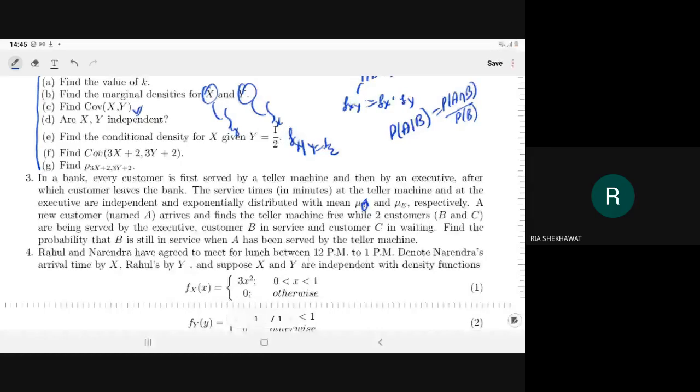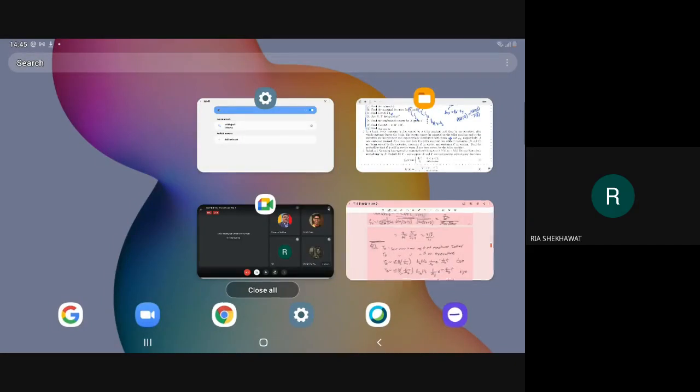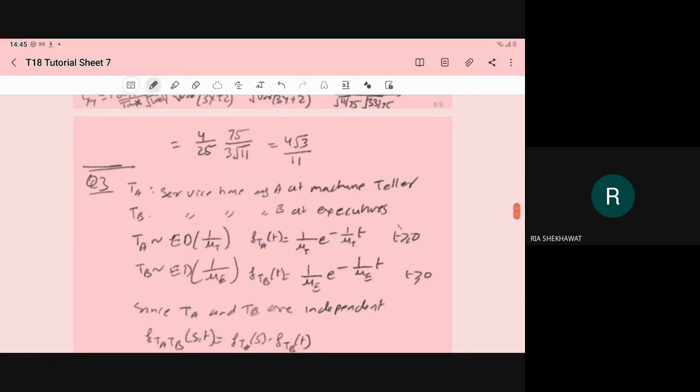That means the teller machine service is completed, but the executive service is continuing. So from the given information, we can define the random variables TA and TB: TA is the service time for A at the teller machine, and TB is the service time of customer B at the executive.